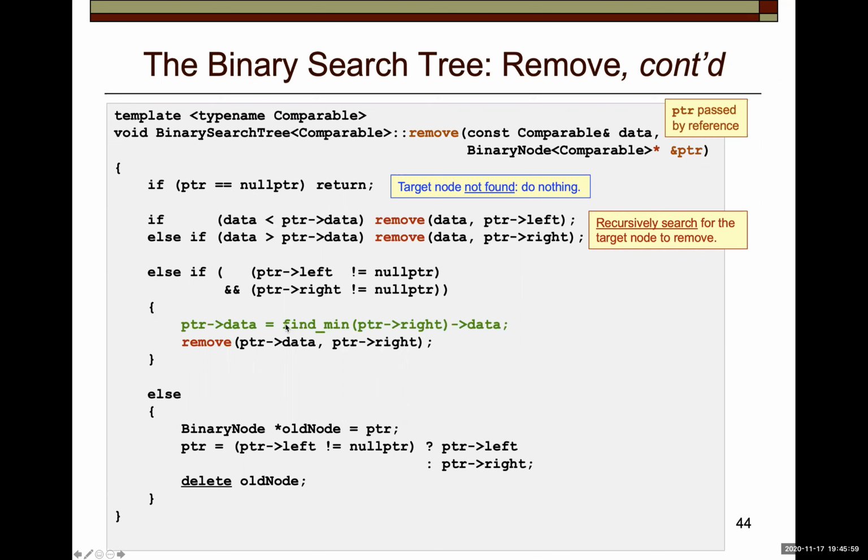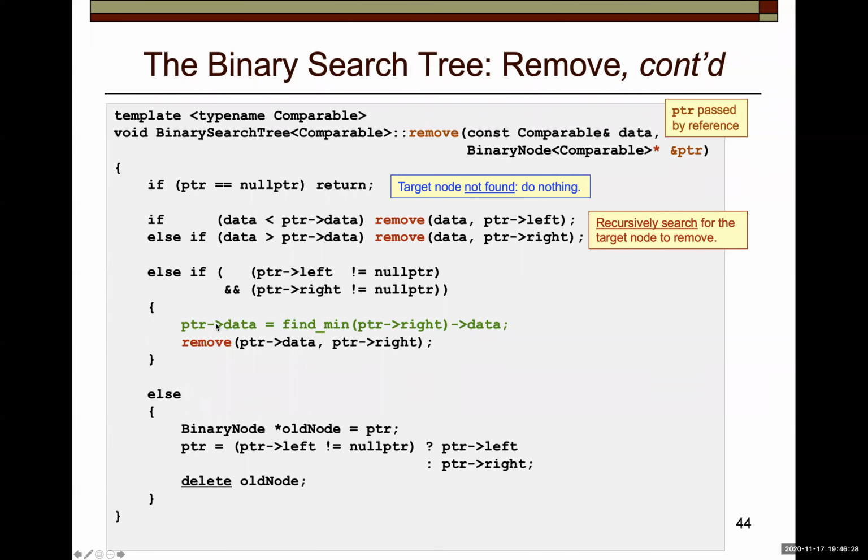Okay, and all right, so here we're going to then, if this is a node with two children, so the left and the right, neither one of them is null. So this is the two children case. Okay, and so we have to find the minimum. Okay, so we're replacing the node we're trying to remove.